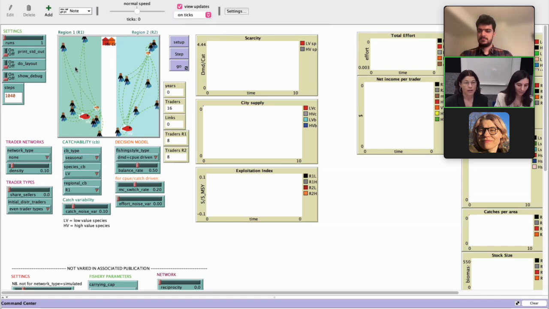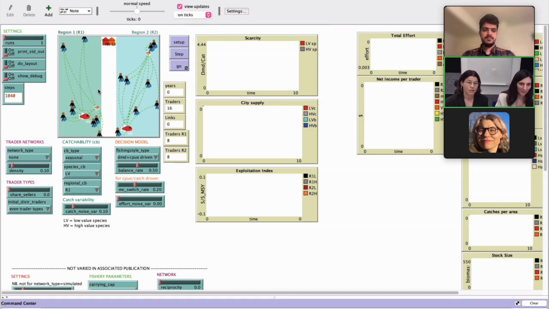And this on the left is region 1, and then we have region 2. They fish the small low value and the high value in both regions and sell to one market consisting of the low value and high value. And so we have the low value fish going to the low value market, the high value fish going to the high value market.